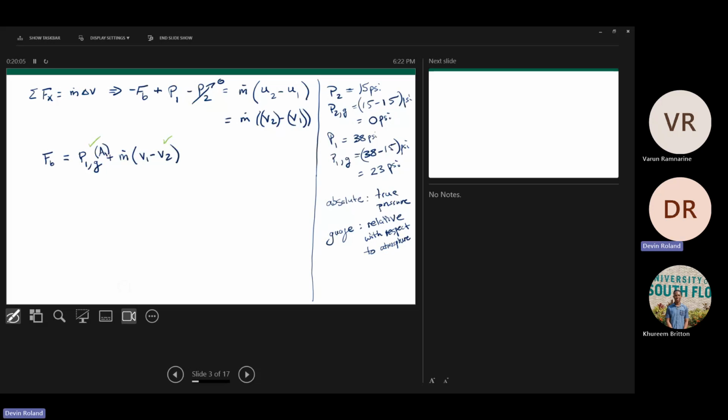So that should be P1 gauge times area 1. I just forgot to write that, and that'll make the units work out correctly. So I'll write A1 here too. That was going to be A2, but then we got rid of it. So we need to know V1. V1 is our unknown right now.